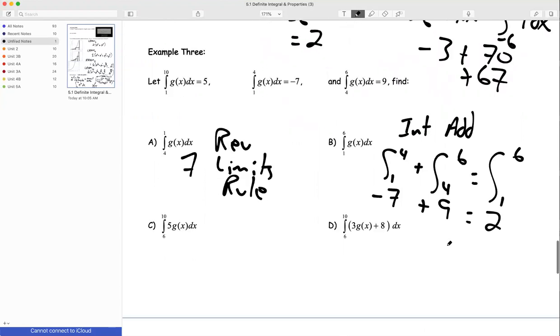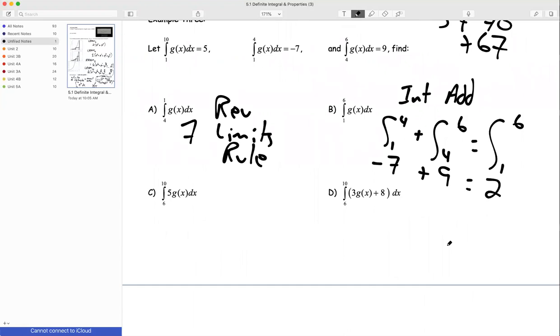All right. Well, let's look at this one. I have the integral from 6 to 10 of 5 times g of x. So it helps me to think about it, writing it like this. Let's do this. I'm going to say the integral from 1 to 4 plus the integral from 4 to 6 plus the integral from 6 to 10 is equal to the integral from 1 to 10.